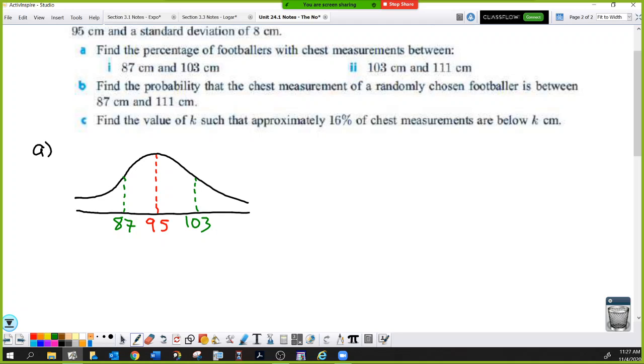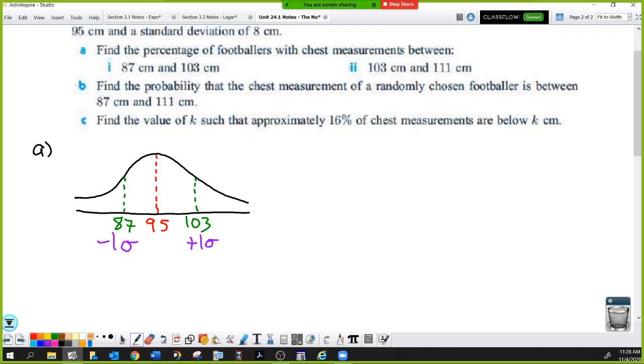What I'd like you to see is the distance between my red number and my green numbers is 8. You see that? 8 is significant because that's a standard deviation. This 103 is plus 1 sigma, and that looks like plus 10, but that's plus 1 sigma. And this 87 is minus 1 sigma.